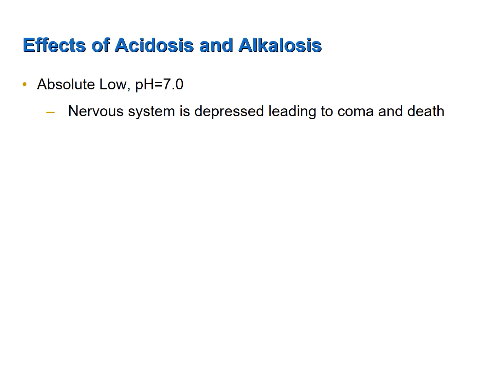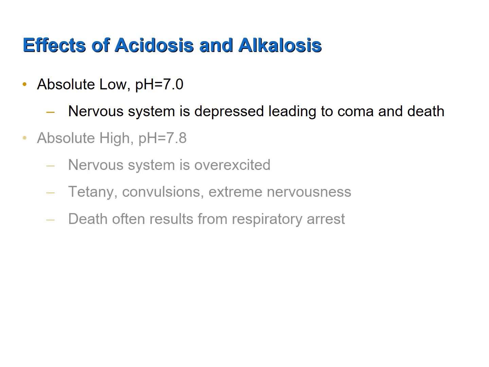In fact, there is an absolute low pH and an absolute high pH at which death occurs. The nervous system is depressed, leading to coma and death, if the pH falls to 7. And if blood pH rises to 7.8 or beyond, the nervous system becomes overly excited. This results in tetany, convulsions, and extreme nervousness.